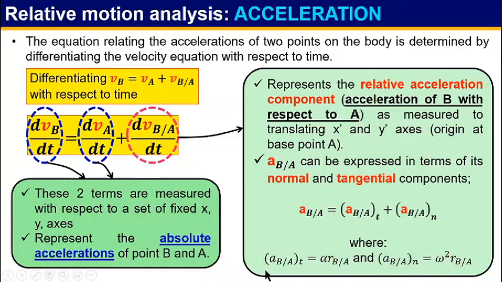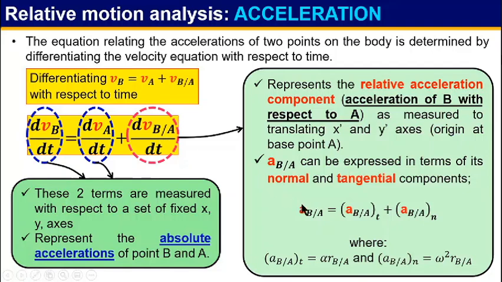Alright, tangential component of acceleration is alpha times relative position BA, and normal acceleration is omega squared times relative position BA. So now, guys, we have this relative acceleration equation, AB equal to AA plus ABA.